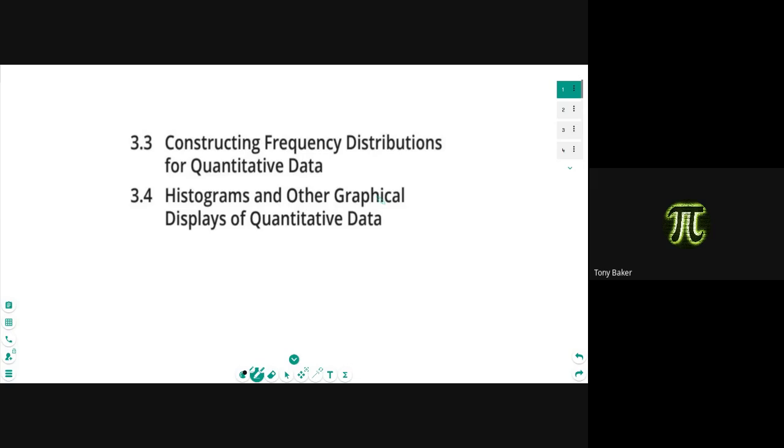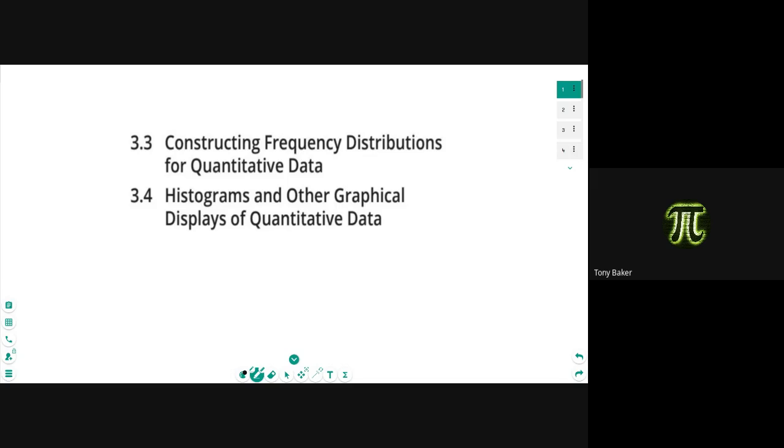So gonna be doing a little more math today. Last class we talked about some basic graphs, bar charts, pie charts, which works really, really well for qualitative data. So we're going to move into how we can use similar things for quantitative data.